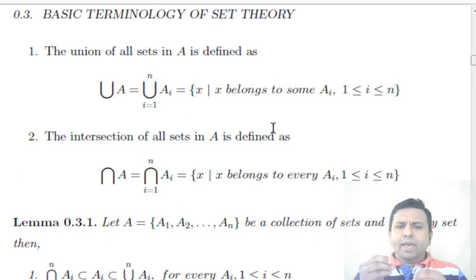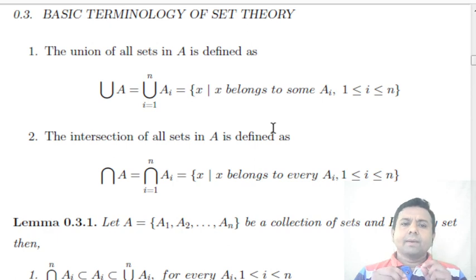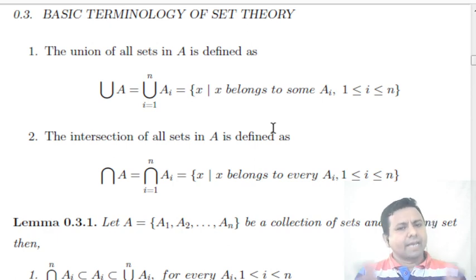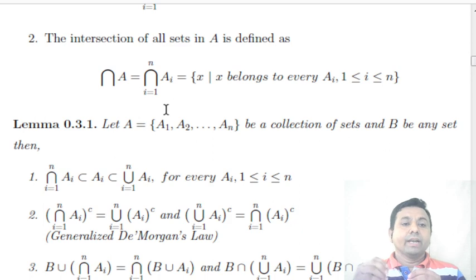That is, suppose x belongs to A1, then x belongs to this union of A. Suppose x belongs to A7, then again x belongs to this union of A. Means our element lies in at least one of the sets. The intersection of the sets in A is defined as the intersection of A, or we can say the intersection of Ai, i running from 1 to n, which equals the set of all x such that x belongs to every Ai.